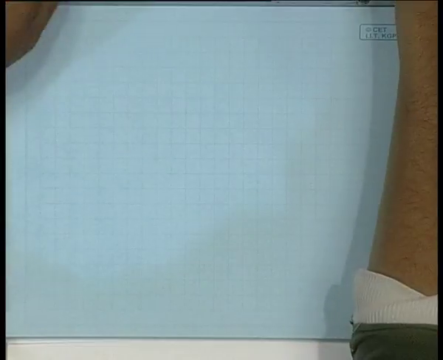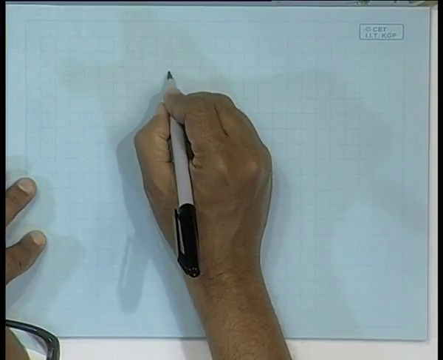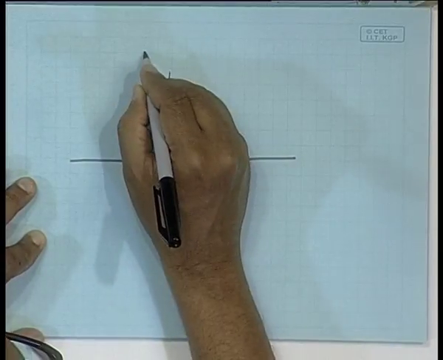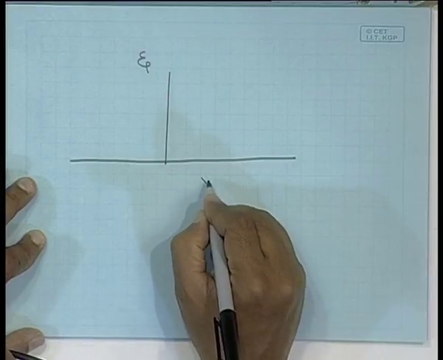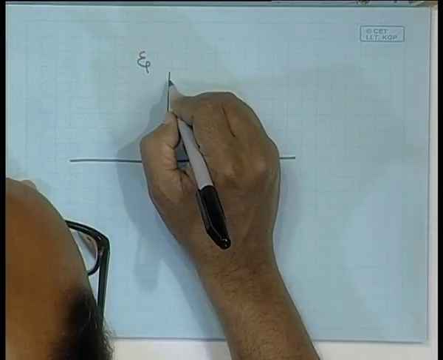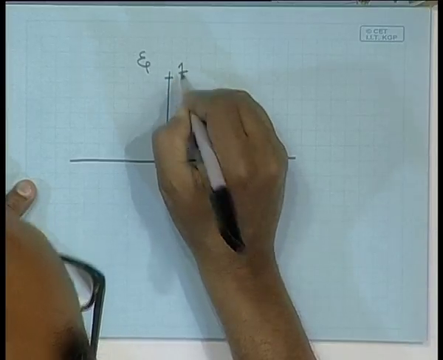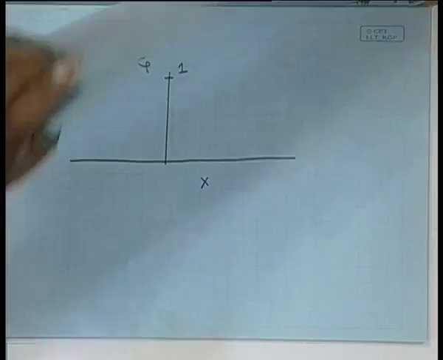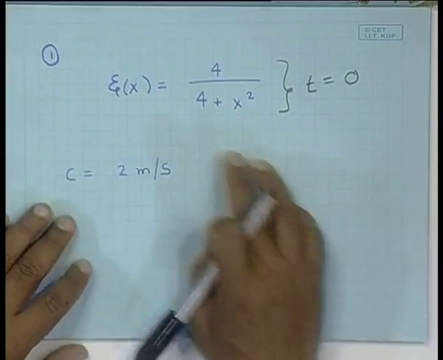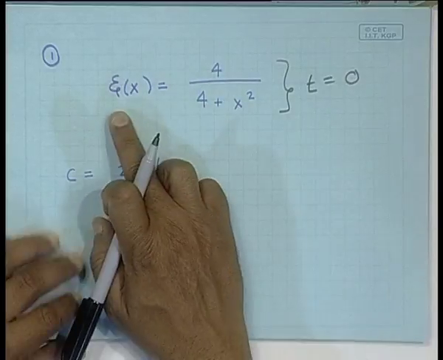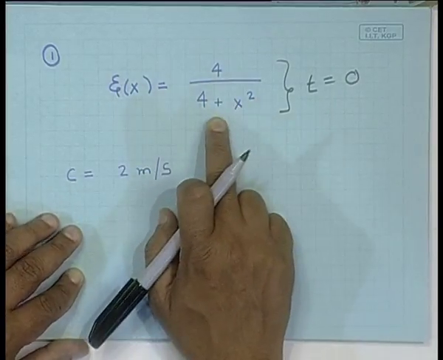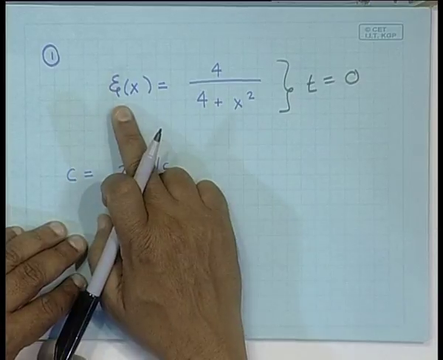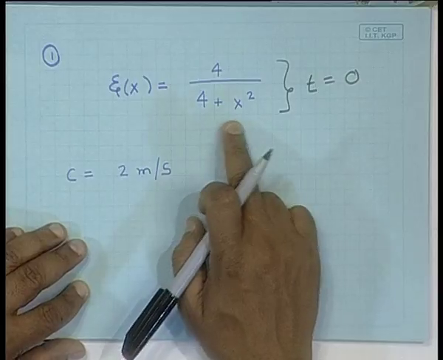So, let me draw this here. So, this is xi and this is x, and at x equal to 0, xi has the value 1. Now, as x increases, just look at this, the value of xi goes down from 1, and as x tends to infinity, the value of xi approaches 0 asymptotically.